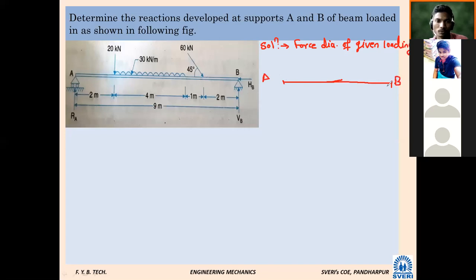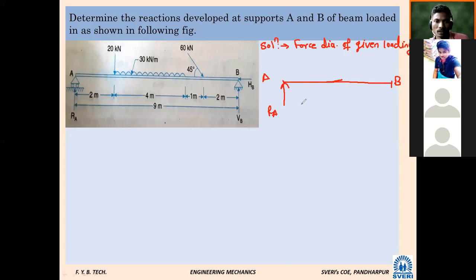First we will see the supports. At support A, how many reactions will be there? One reaction, only vertical. At roller there is only one reaction.